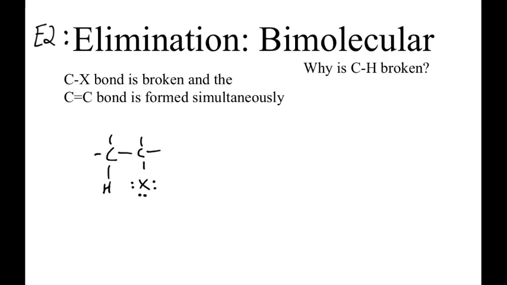We're going to take the electrons that were between that carbon and hydrogen and immediately shift them over to form our pi bond, while at the same time our leaving group, or our halogen, takes the electrons away from that carbon. And in the process, what do we end up forming?